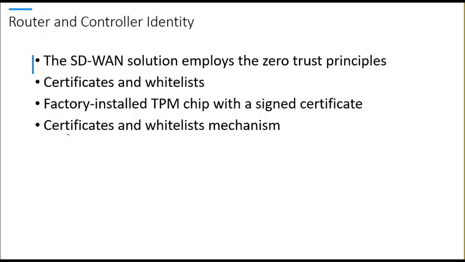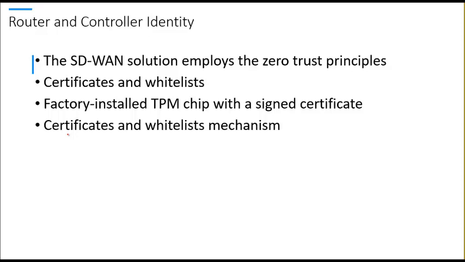Every component in SD-WAN authenticates each other. The vSmart controller performs an automatic authentication and authorization of all WAN edge routers before they are allowed to participate in the SD-WAN overlay. So vSmart also authenticates.